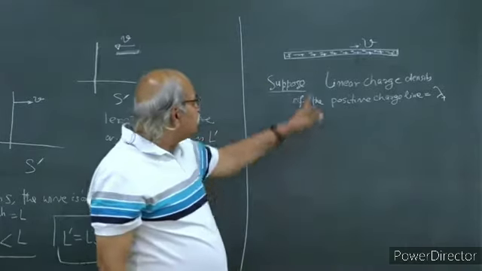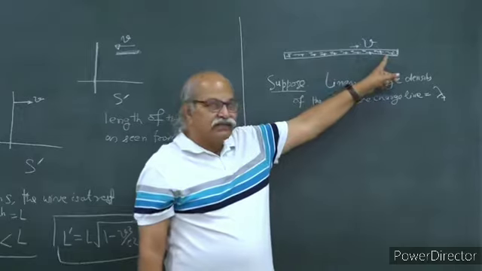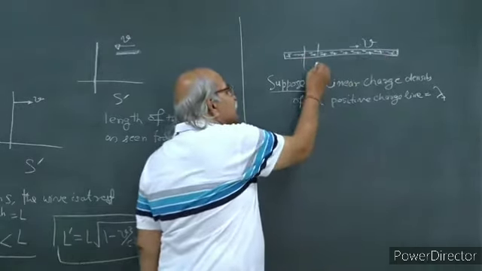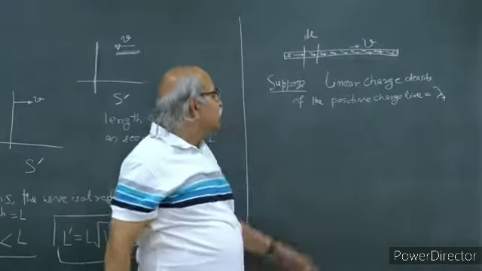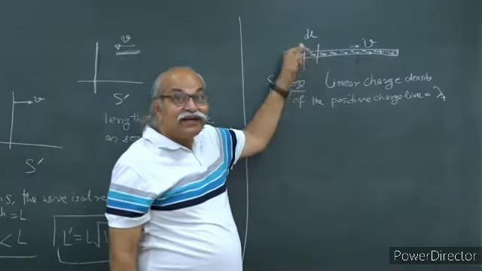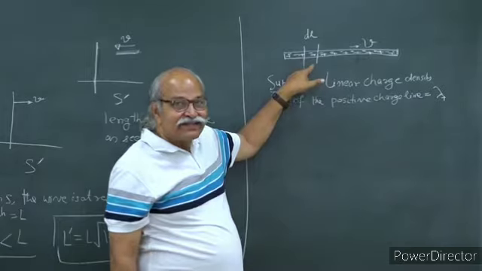What does this mean? I have these positive charges everywhere. So if I take a small length dl and ask how much is the charge here, and then divide by dl, that is the linear charge density.